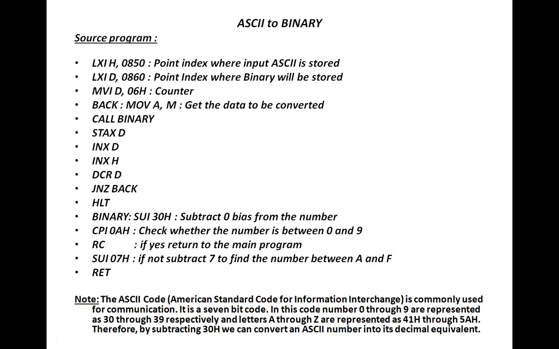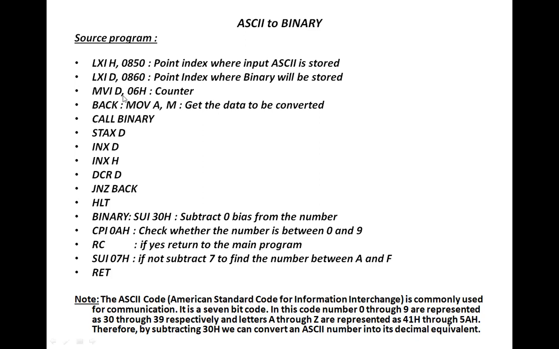So where the ASCII is stored, we load that memory pointer into the HL pair, and the DE pair will be pointing to where the result will be stored in the form of binary. And then we have to use a counter.